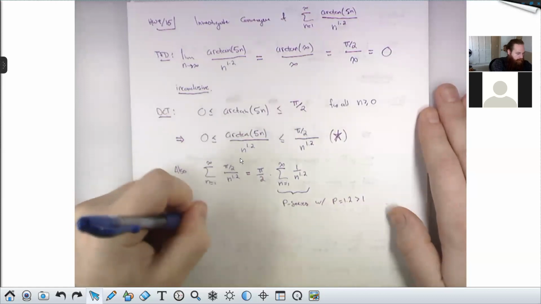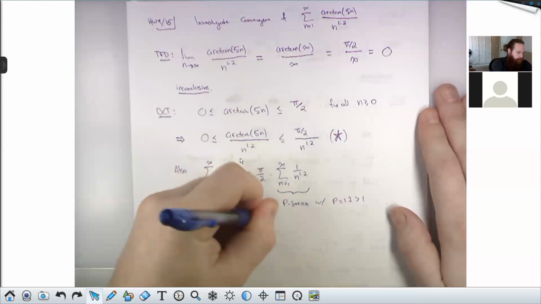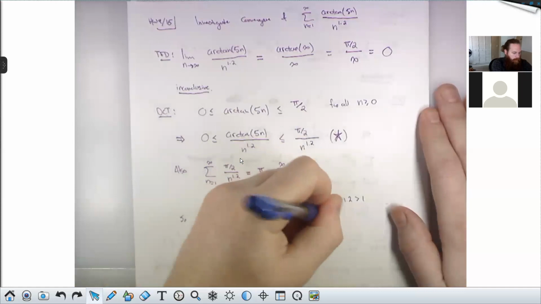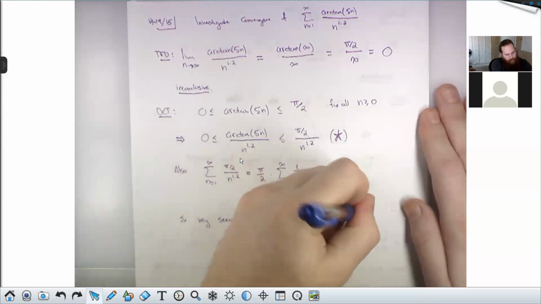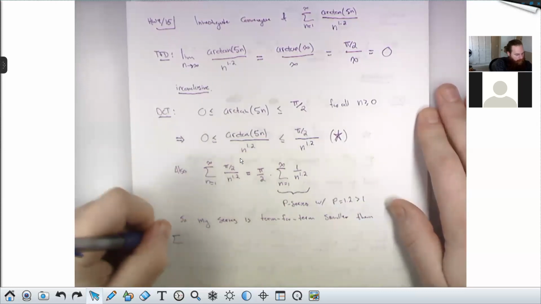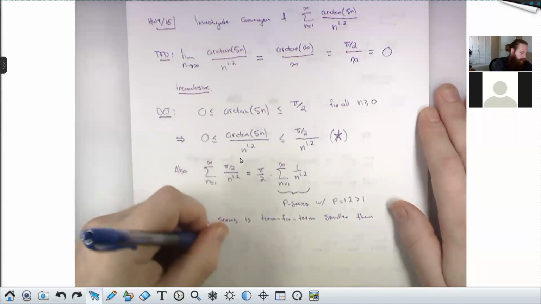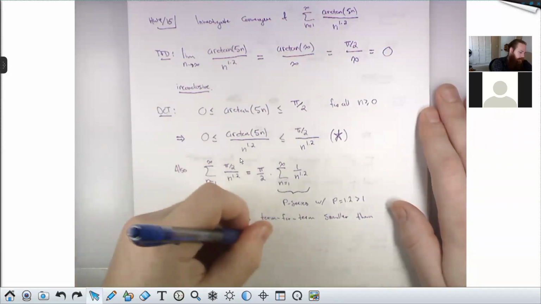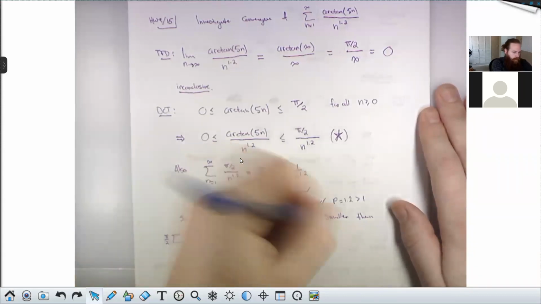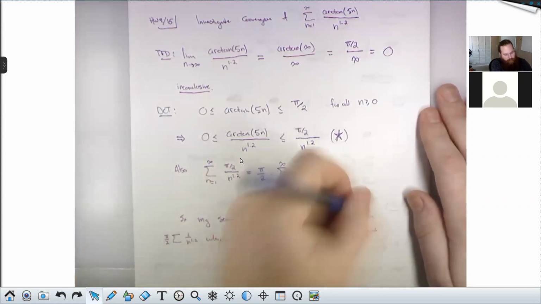So my series is term for term smaller than pi over 2 sigma 1 over n to the 1.2, which is a constant multiple of a convergent p-series.